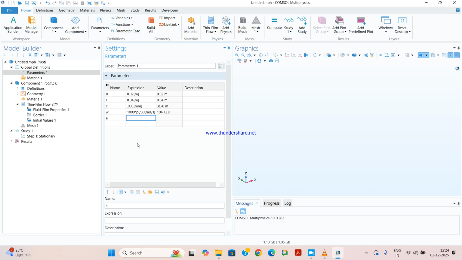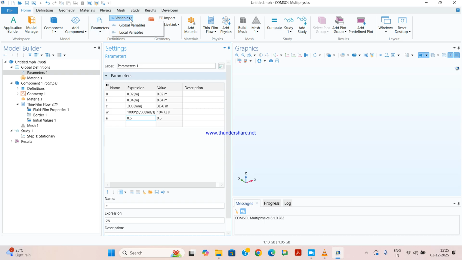In the case of a hyperbola, it is greater than 1. This is a non-dimensional parameter, which will be between 0 and 1. For this you can take something like 0.6.